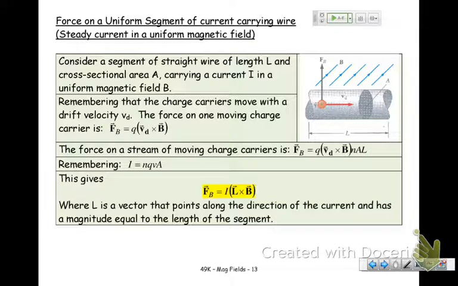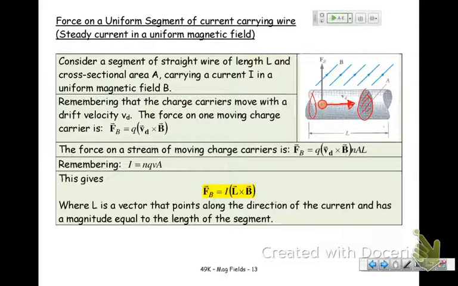Okay, let's look at a segment of the wire. So here's a segment of the wire. It's like a tube, isn't it? Oh, sorry, cross-sectional area. And we have a charge carrier, and it's moving with a certain drift velocity. Remember drift velocity?